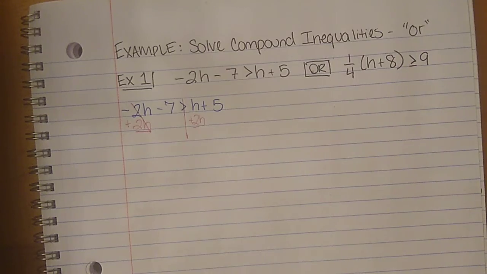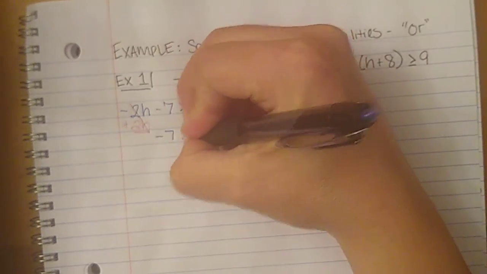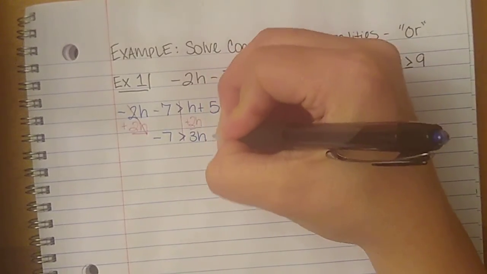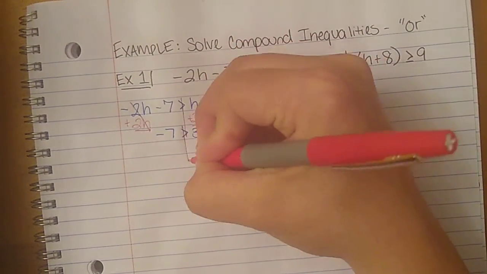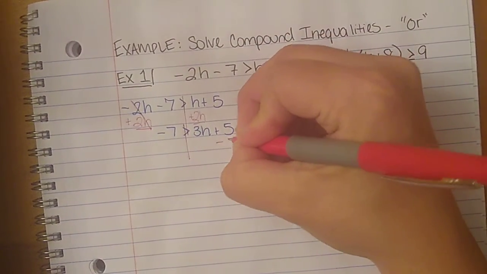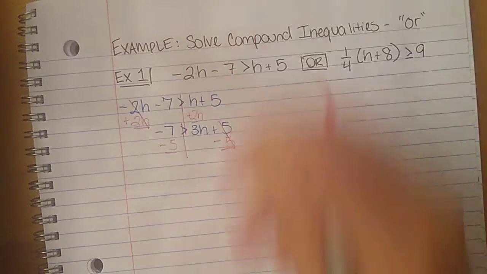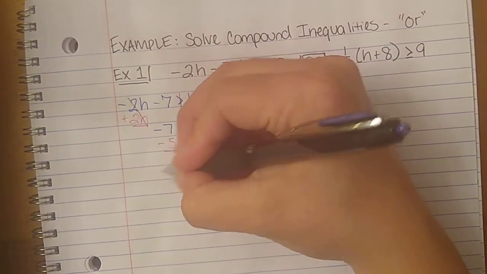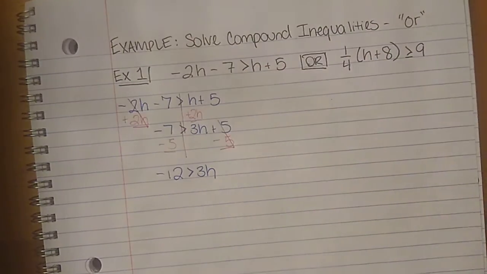This lets me bring down negative 7 greater than h plus 2h is 3h, bring down that positive 5. Now I'm just going to subtract this 5 from both sides because that's following my order of operations, attacking the addition first because now I have a two-stepper. Negative 7 minus 5 is negative 12. Negative 12 is greater than 3h.